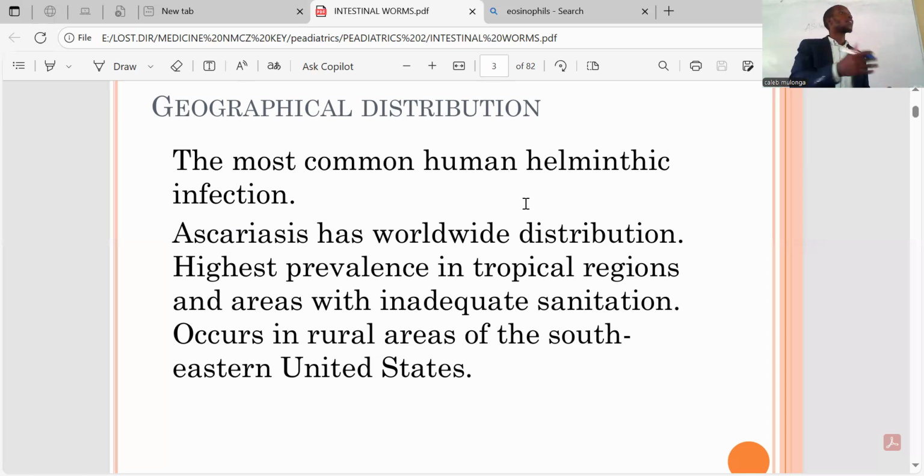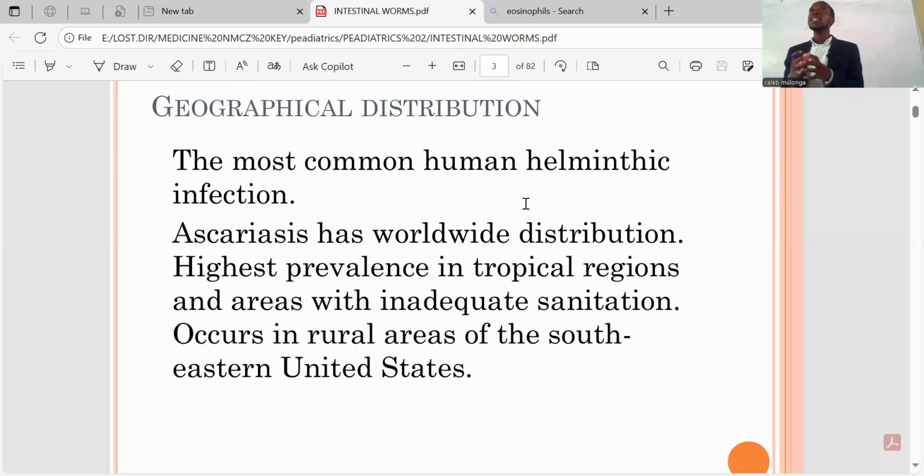Why? Because they have the necessary facilities. But because we as Zambians, as Africans, have limited resources, it is very hard to have sanitation throughout. So even if you look at this geographical distribution, it is mostly common in developing countries and in rural areas.